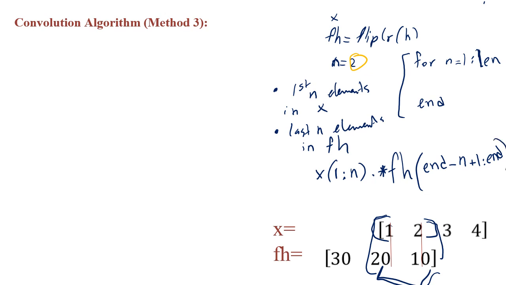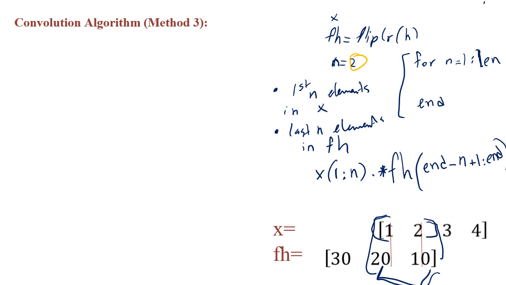So if n is equal to 1, for example, when you first enter the loop, n is going to be equal to 1. So what you're saying is end minus 1 plus 1, which equals end. So you're taking the last element, which is exactly what we want.